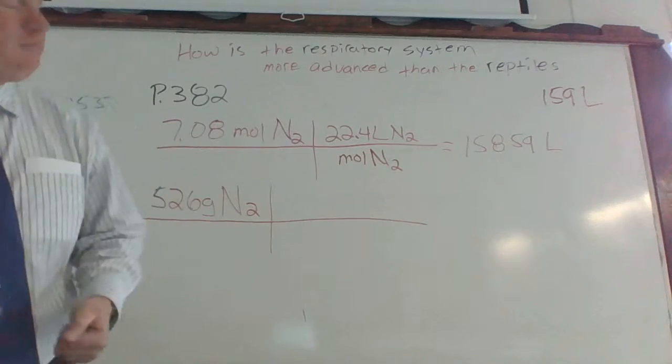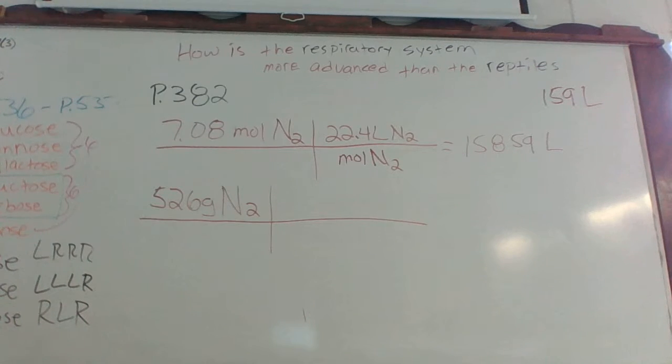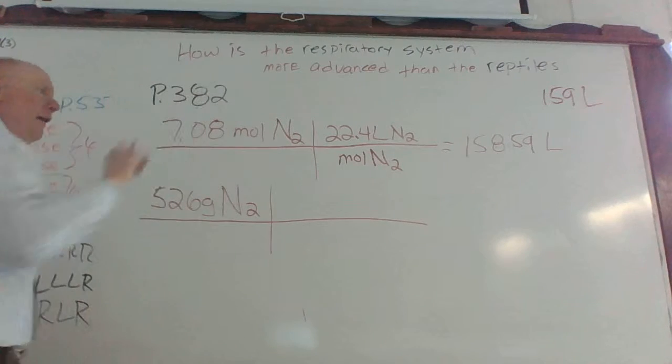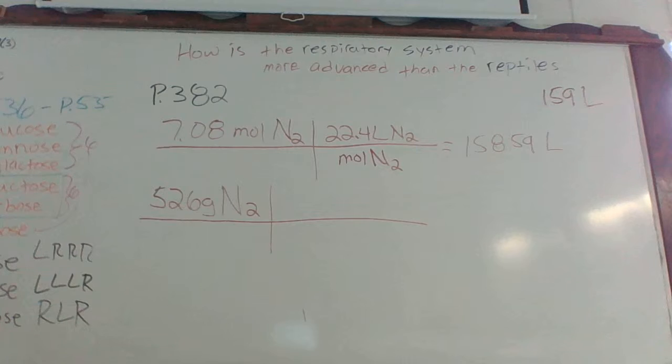Okay? So, what people may do is, how are we going to get from grams to a volume of a gas measured at STP? We need to get rid of that gram. So you have to do grams times 22.4. You got the right idea. No, because we've got a mass here. You're trying to do this in the mole conversion. We're not that far yet.